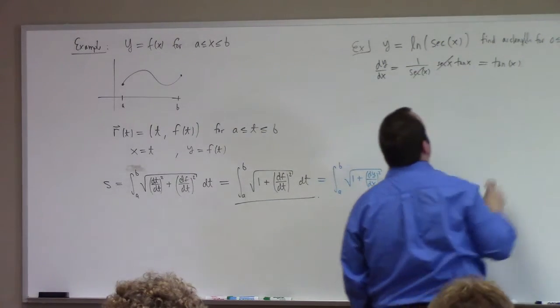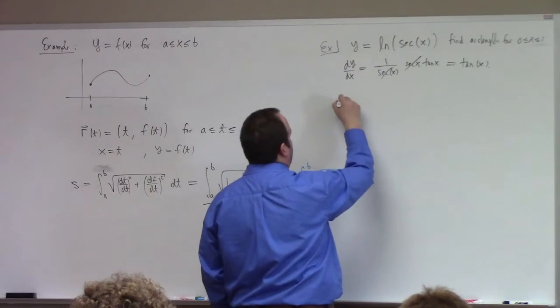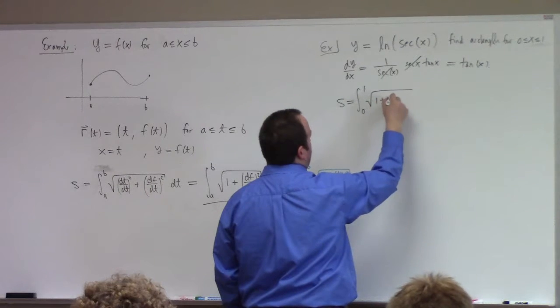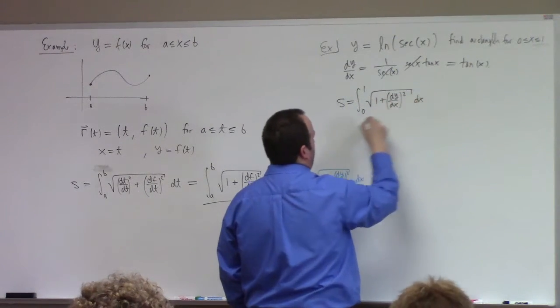Looks kind of scary, but actually this is a benign problem because the arc length will be the integral from 0 to 1 of the square root of 1 plus (dy/dx) squared, because this is a graph. And so that's not too bad.